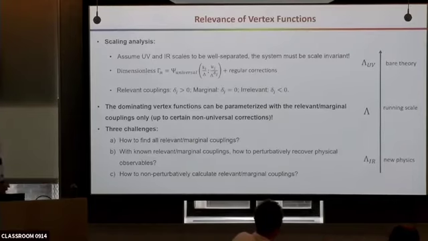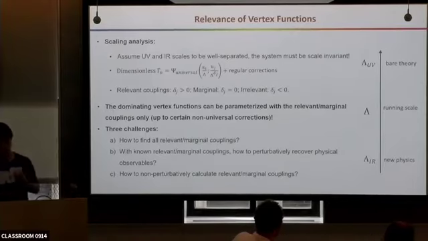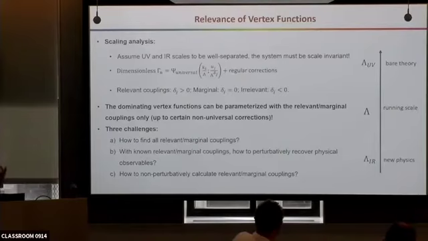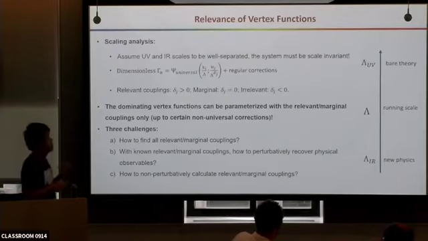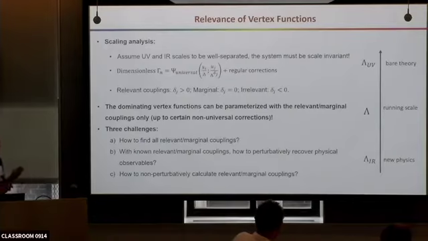Another nice thing is this singular part, which is responsible for the large parameters in your diagram, usually can be parameterized by only relevant couplings and marginal couplings. Then for a given problem, you can parameterize this singular part with only a few parameters.